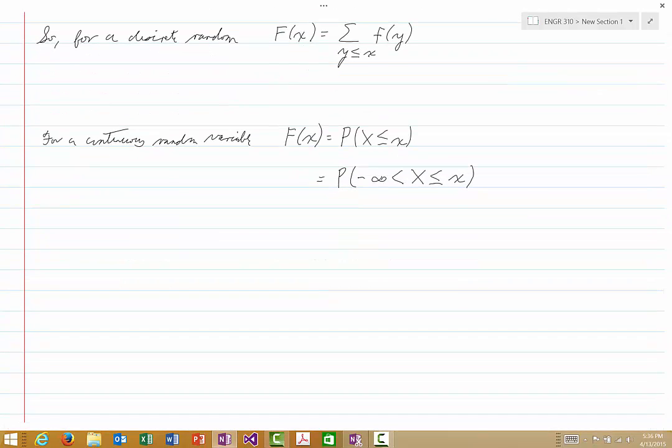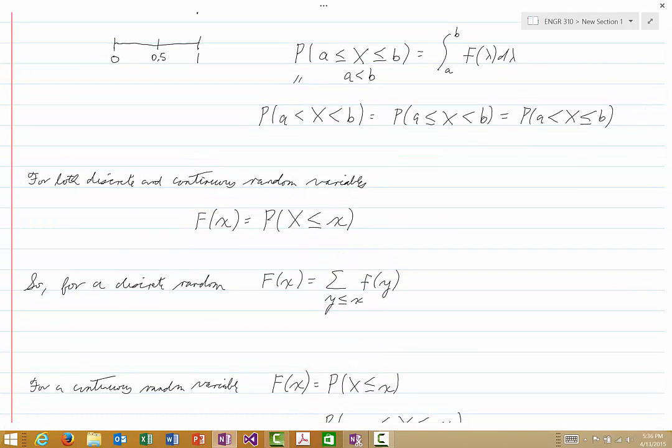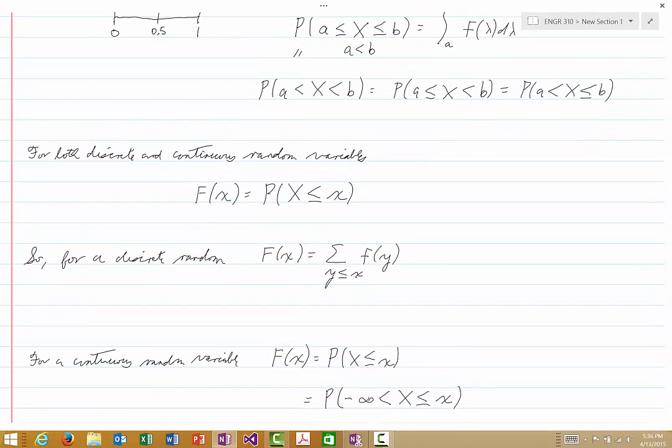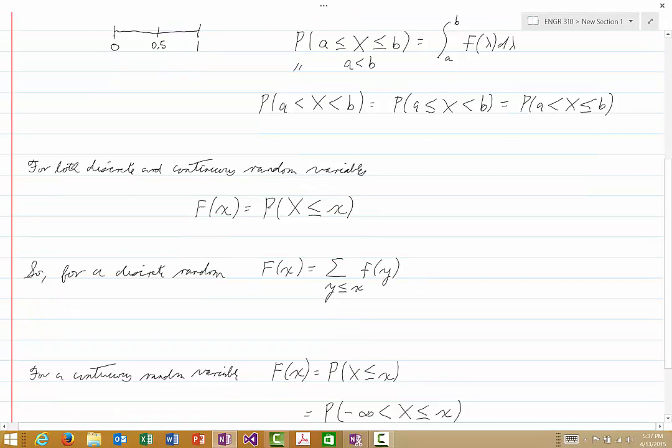Once we have it like that, it matches exactly one of these four forms that we said above were all equivalent, all equal to the integral from a to b of f of lambda d lambda. But in this case, a is negative infinity and b is little x.